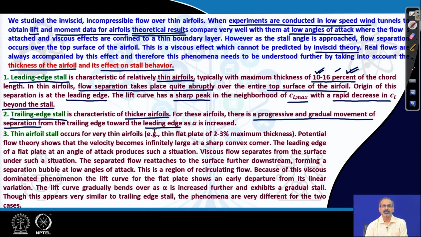But the CL alpha curve, when it goes into the stall, is much more moderately curved. That means there is no dramatic drop in lift beyond stall. So, that is what is called trailing edge stall.